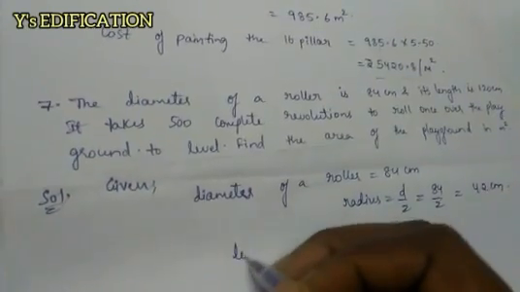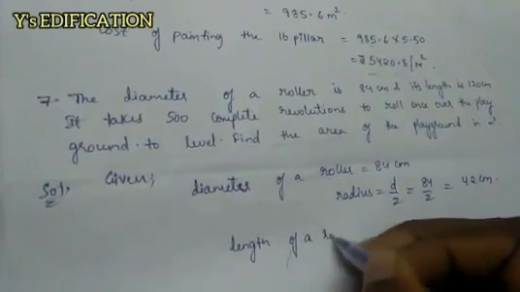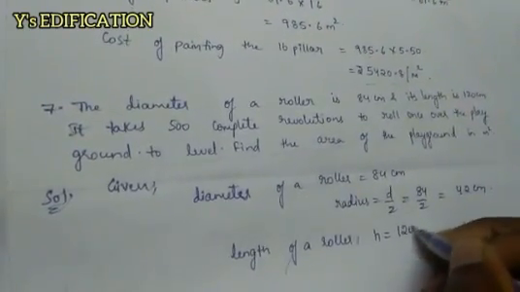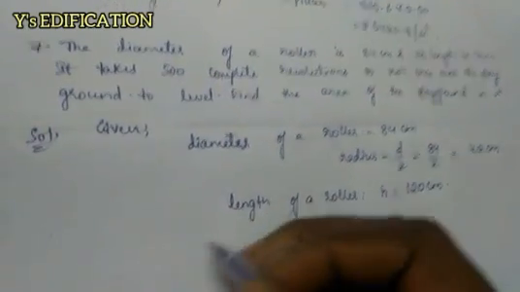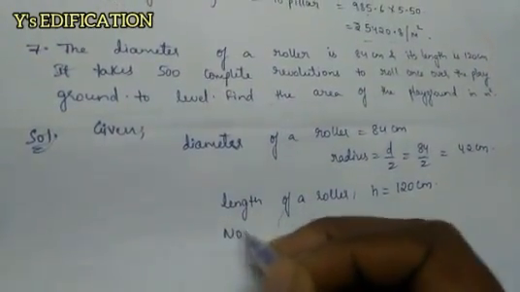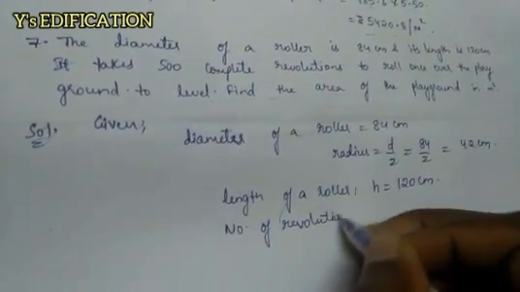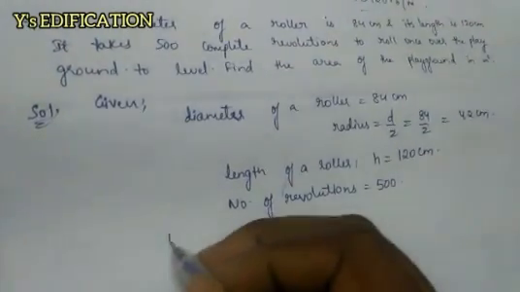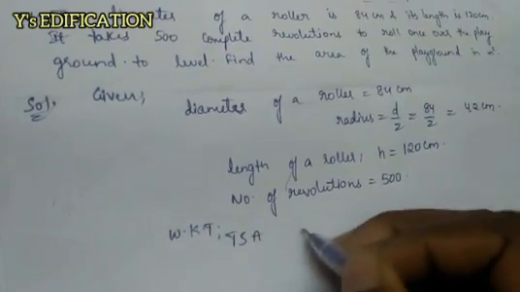And the length of a roller, length is nothing but height, is 120 centimeters. And next, it takes 500 revolutions. So the number of revolutions is 500. So first what we have to find? We have to find the total surface area, TSA, of the roller.